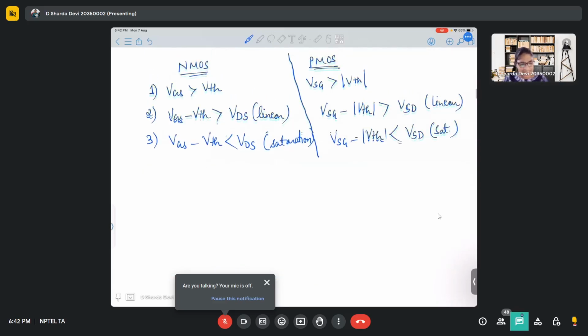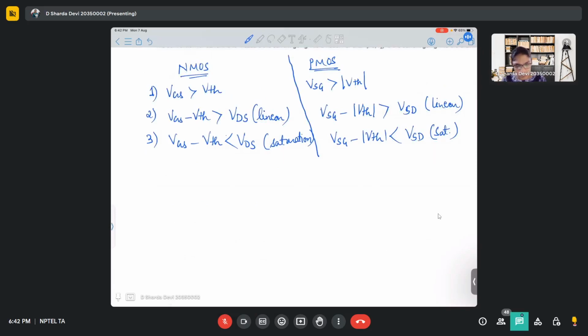Okay, so simply let's write the current equations also. For cutoff, ID is 0.